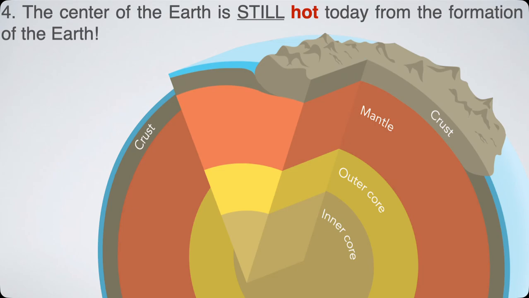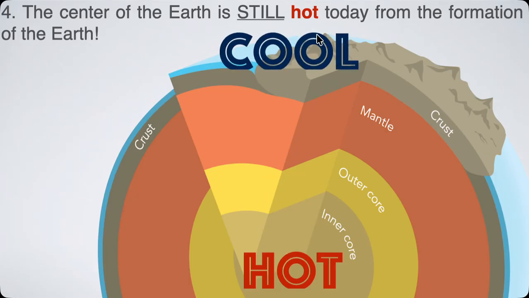It's so warm, in fact, that a lot of the different aspects of earth science that we're going to be focusing on all occur because of that heat that is still trapped underneath the surface of the crust. So, again, for labeling purposes, just know that the inner and outer cores are still very, very warm, and that by comparison, the crust is really cool.